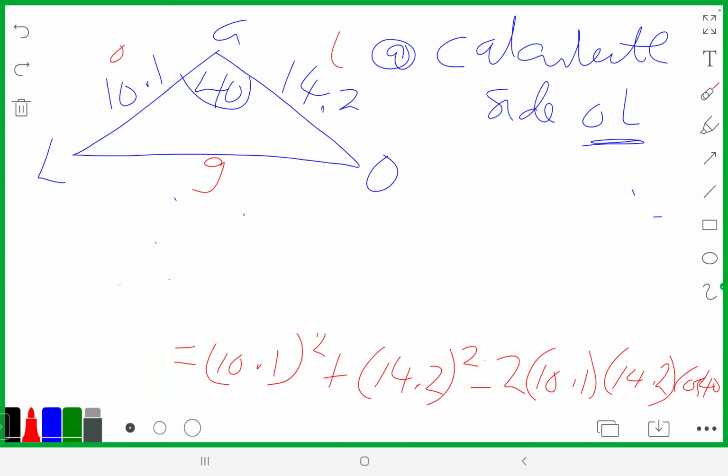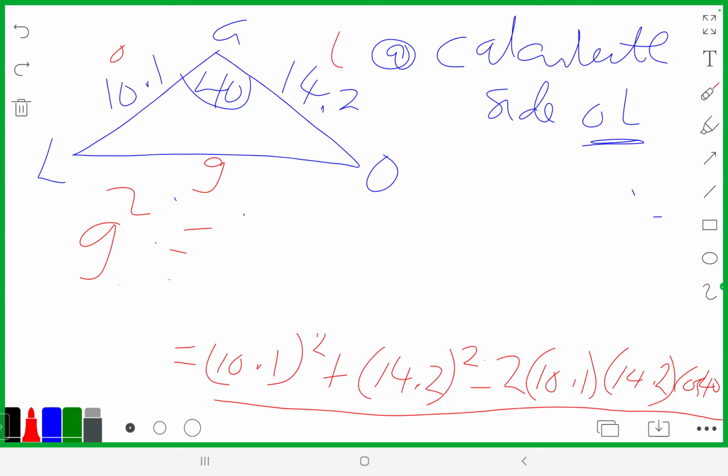This is how you do it. You can command your calculator. So we have g squared equal to, say, 10.1 squared plus 14.2 squared minus 2, open the bracket, 10.1, close, open, 14.2, close, then you say cos 40 and it gives us the answer.